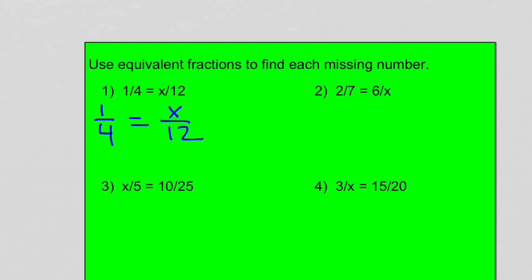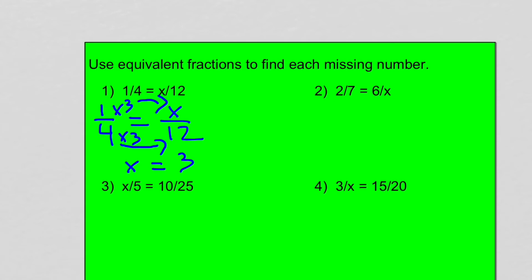So in this one, both denominators are there. So I look and I say, you know what? To go from 4 to 12, I can multiply by 3. And then I'll do the same thing to the top, 1 times 3. And that's going to give me the value of the missing number x. The value of x is going to be 1 times 3 is 3.